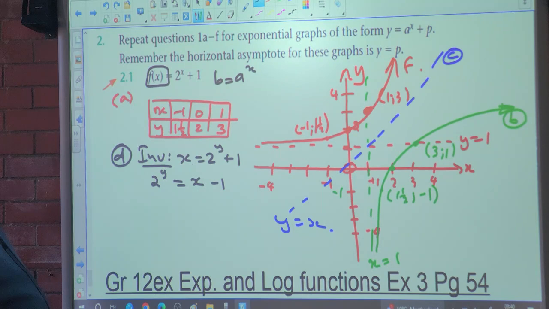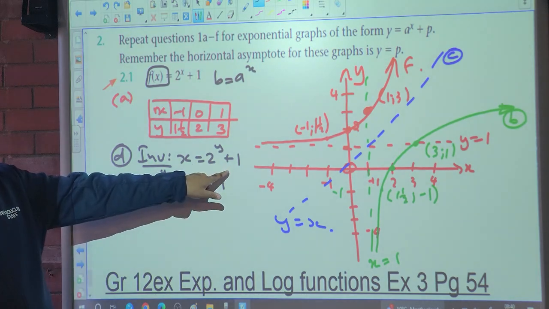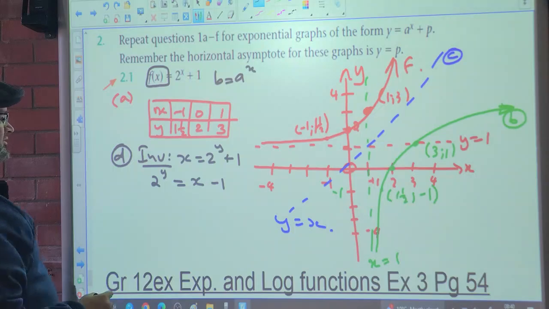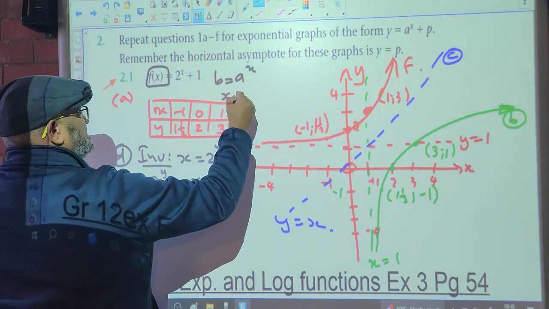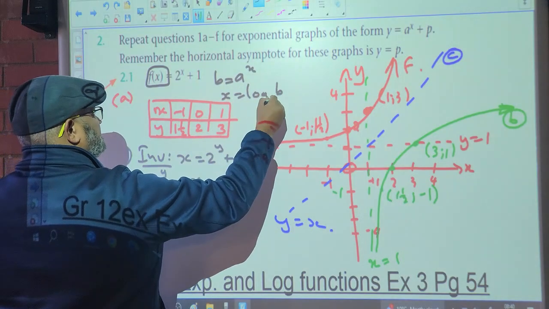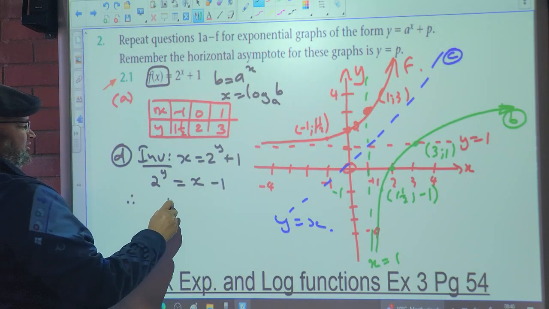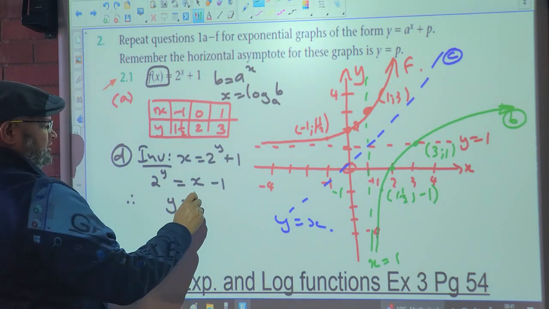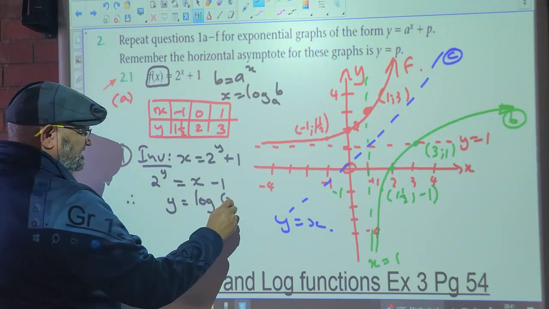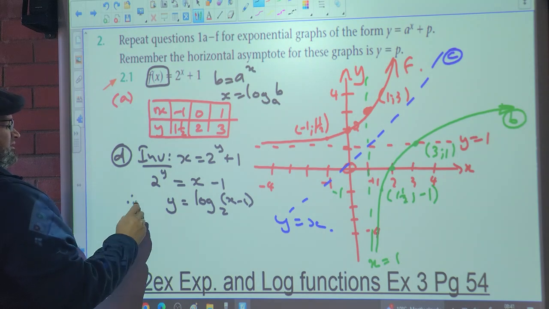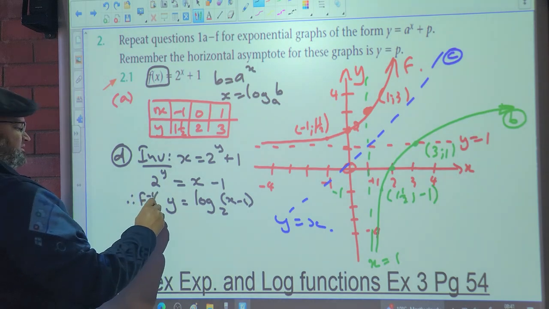That is not in that form. We need that on its own first, then we change it to log form, x is equal to log b base a. The exponent will be the subject, so therefore y is equal to log of x minus 1, base 2.